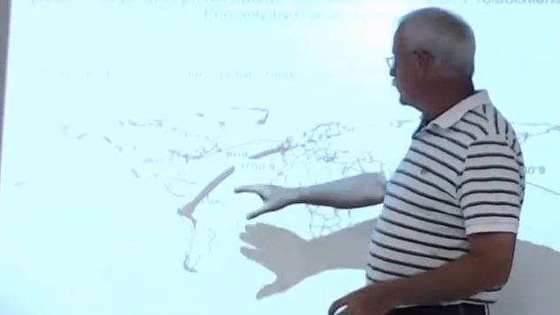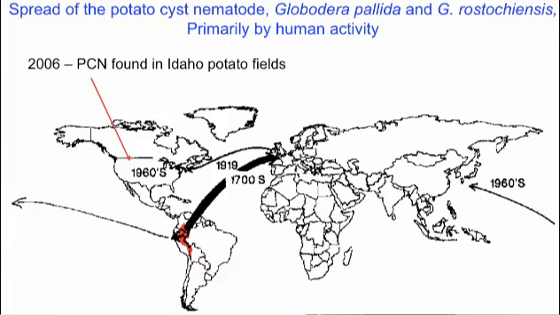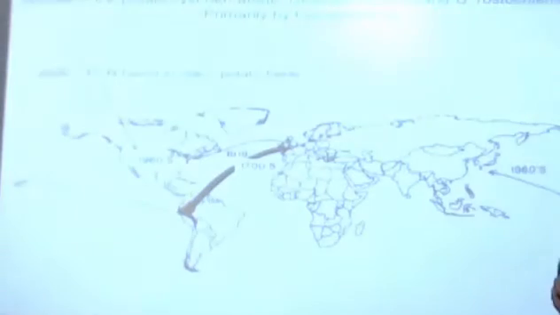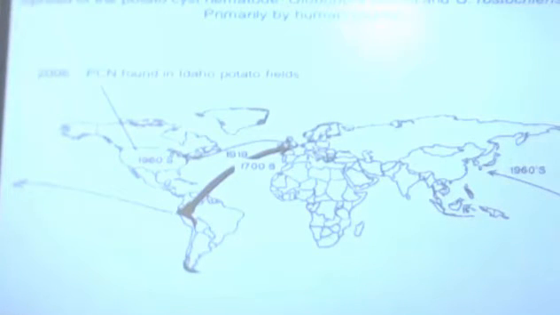And that was pretty much all the cyst spread in the United States until 2006, when it was found in Idaho. The current hypothesis is that it was brought in on specialized seed tubers for production from a different location, probably out of Europe into Idaho.